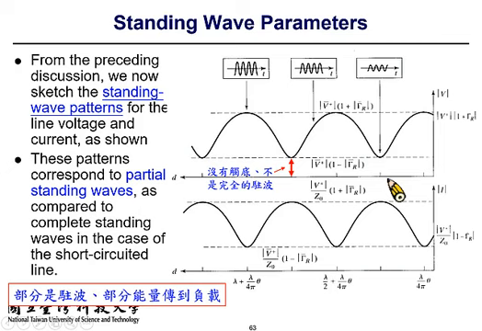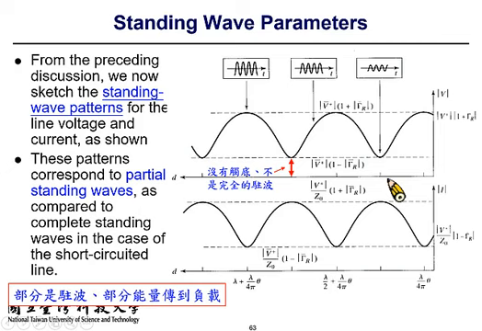The VSWR is defined as the ratio of the magnitude of the maximum voltage over the minimum voltage. As you can see here, for this pattern, the VSWR can be found by taking the division of this value over this value.